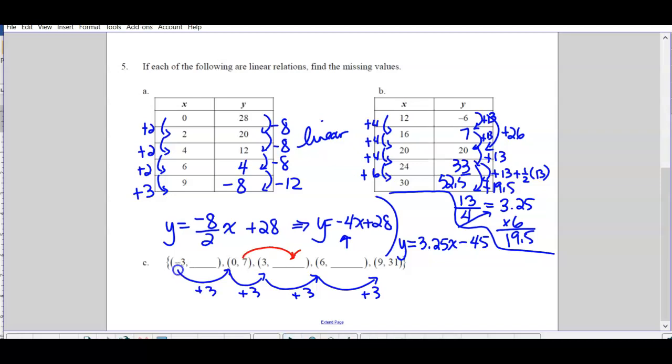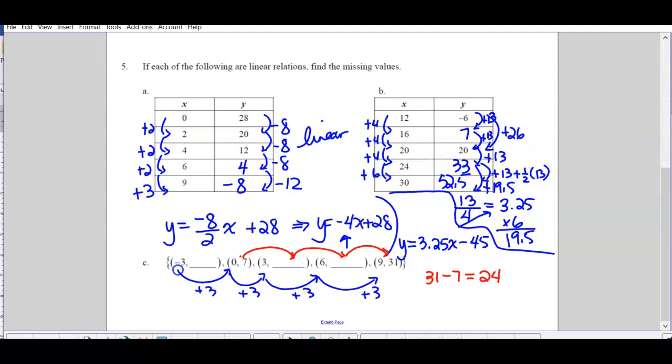So 1, 2, 3. So basically, it looks like it's increasing from 7 to 31 in 3 steps to be consistent. So 31 minus 7 is 24.